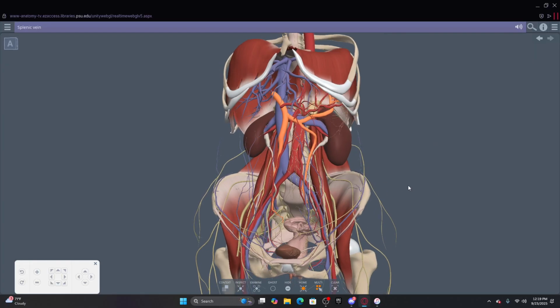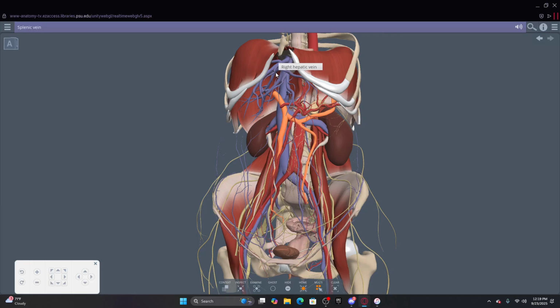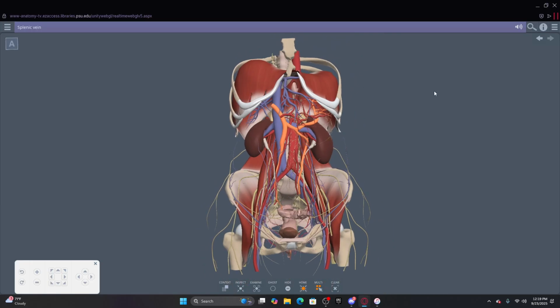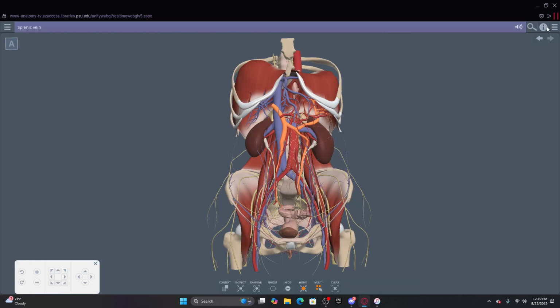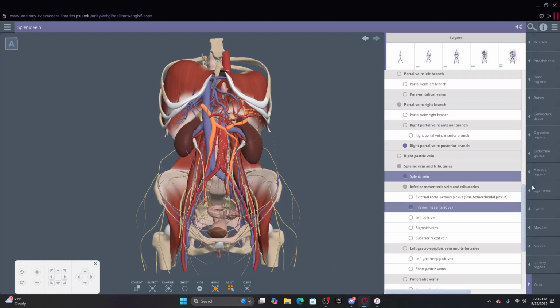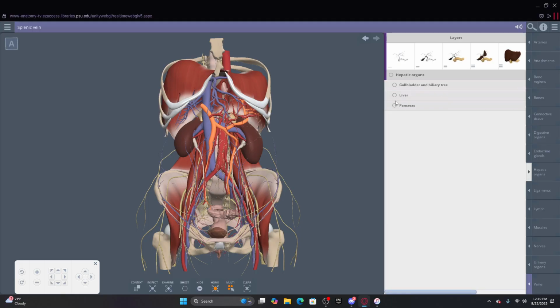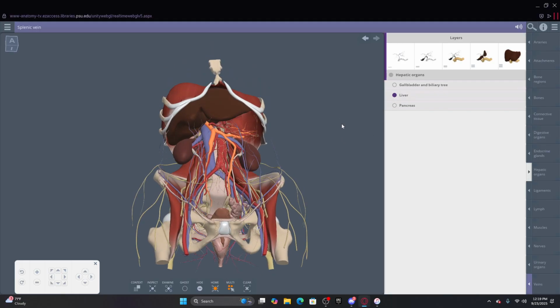So if I were to press this, remember our liver should be right here. I can probably add our liver just so we can get a visual understanding of what's happening. If I move on to organs, hepatic organs, there we go. Let's put the liver in there. Okay, that's a little bit better.